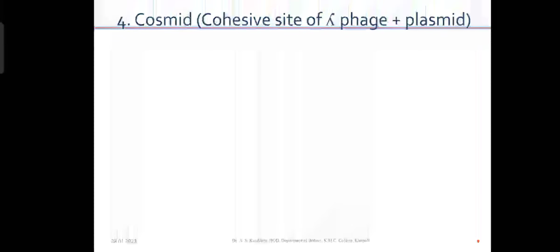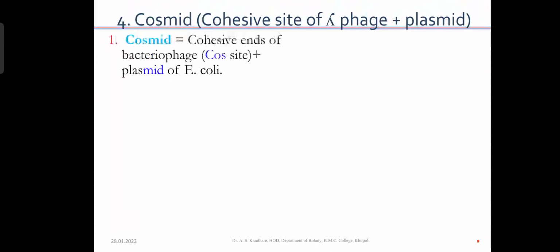Now cosmid. So a cosmid has the cohesive site of lambda phage and a plasmid. So it is a hybrid type of vector. It has a cos site in a plasmid. So plasmid and cos site together form a cosmid.